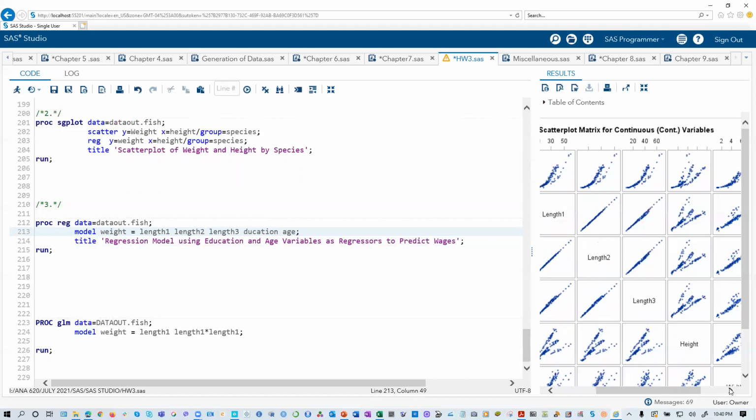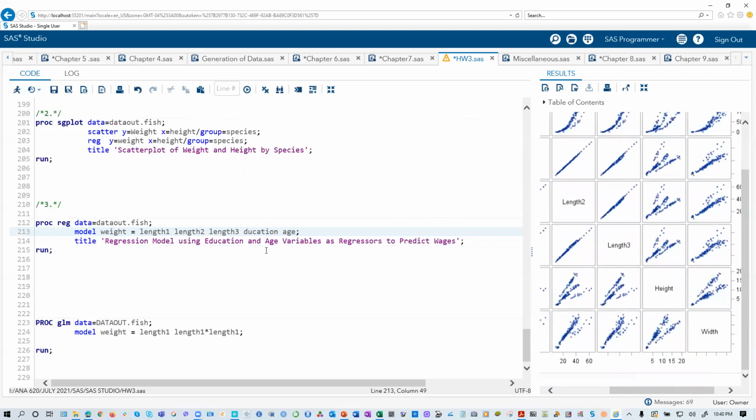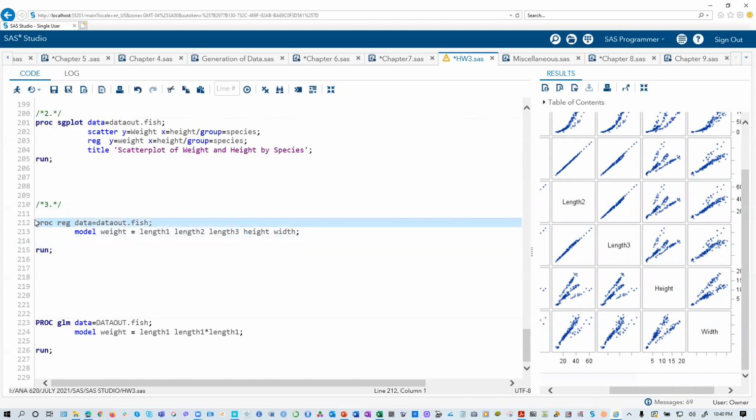Let's see here. Height 10, weight, width. All the quantitative variables. I'm going to take this out for the time being. And that one too.